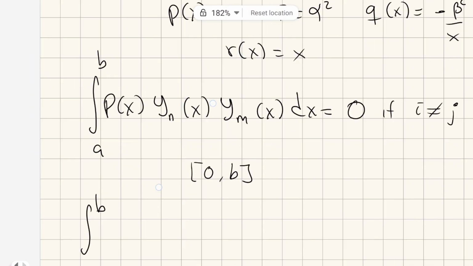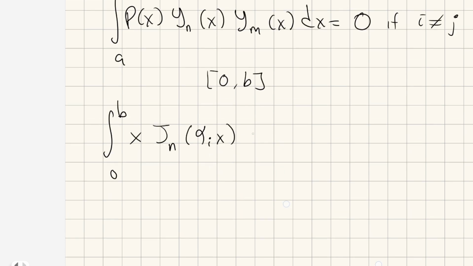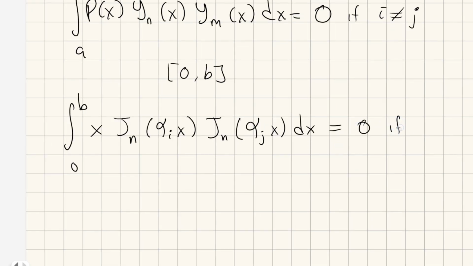So it will be the integral from 0 to b of x times one Bessel function of order n evaluated at alpha i x, and then another Bessel function of order n, but now evaluated at alpha j x, and then dx. And this is going to be equal to 0 if i is different from j. Okay, now this is the orthogonality relation for the Bessel functions.